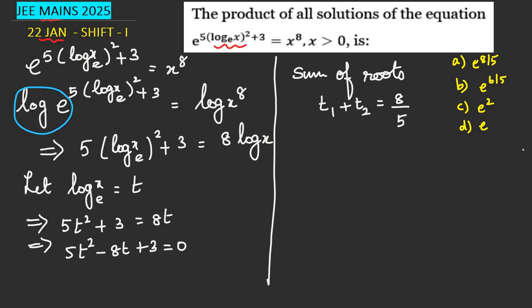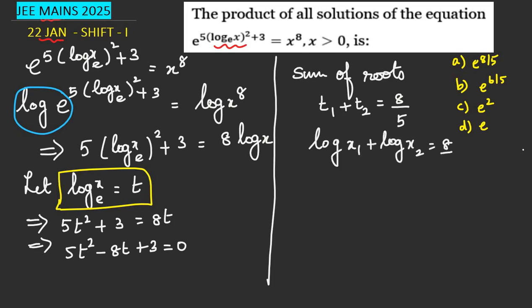We have taken here t equal to log x. So substituting the value for t, we get log x1 + log x2 = 8/5, or log x1x2, the product of the roots, is equal to 8/5, or x1x2 is equal to e^(8/5), and that's the answer here.